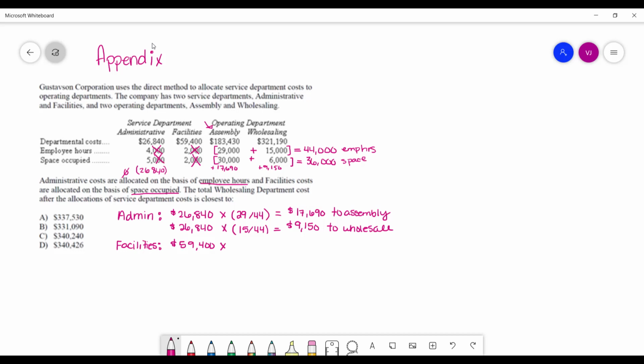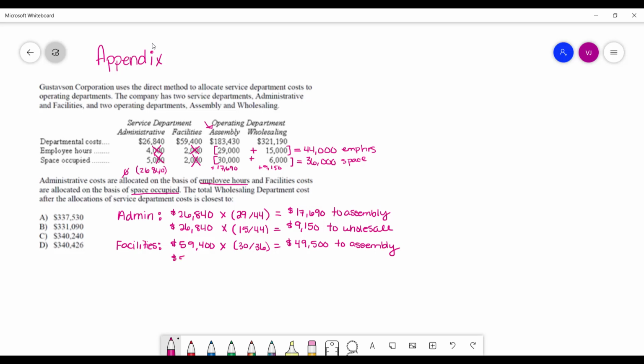Well, the assembly department is occupying 30,000 square feet out of the total 36,000 square feet for all of the operating departments. So based on that proportion, we can figure out how much of that 59,400 the assembly department is responsible for. So we punch that into our calculators, we should get $49,500 of facilities costs that will get allocated to the assembly department.